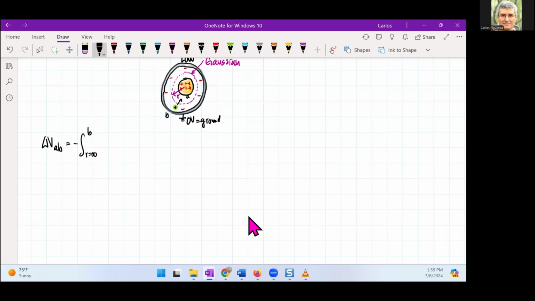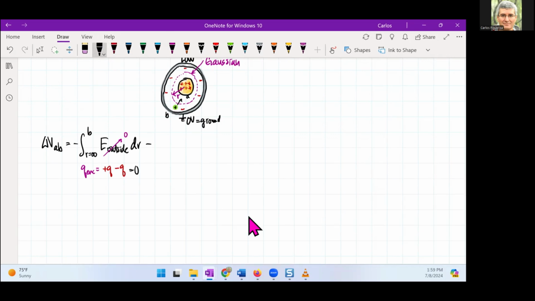But because this is a capacitor, the net charge is 0. So I look at the electric field outside, and what I'm seeing is that this is 0. The reason it's 0 is that the enclosed charge is equal to the charge on the inside minus the charge on the shell, and this combination gives us 0.